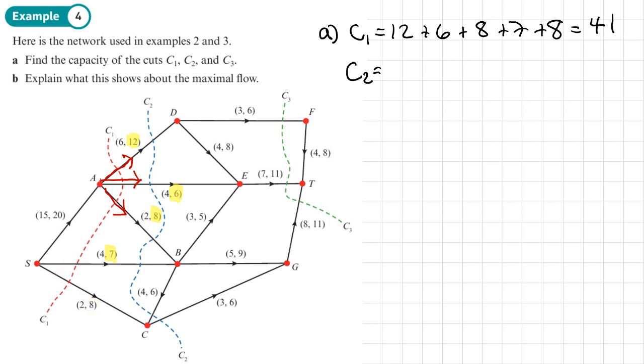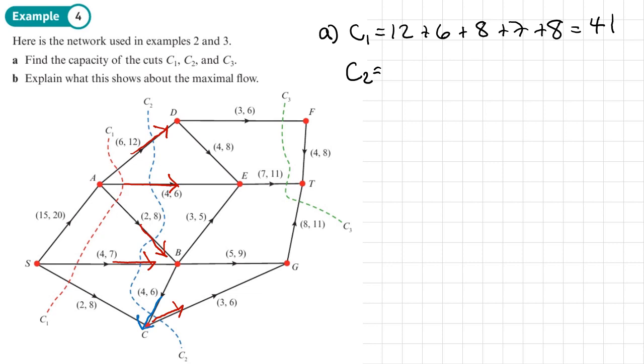So cut number 2. So we'll just get rid of these here, and we'll look at the direction things are flowing in that one. So that flows into the cut, that flows in, this flows in, this flows in, this one flows out, and this one flows in. So maybe the one that's flowing out I'll do in a different colour, maybe blue.